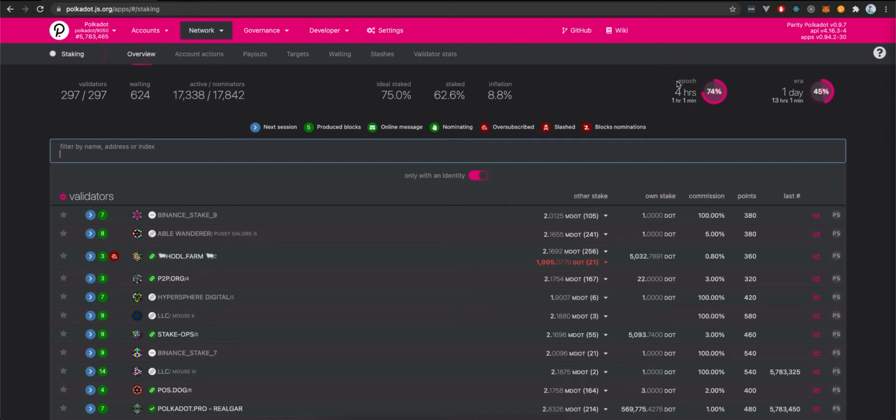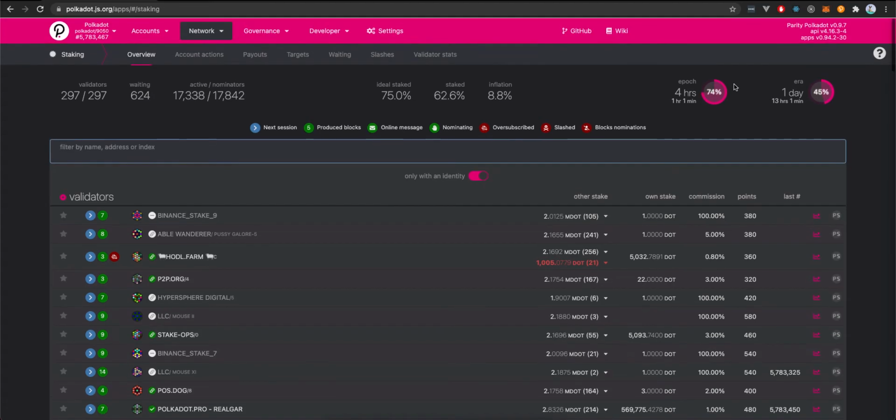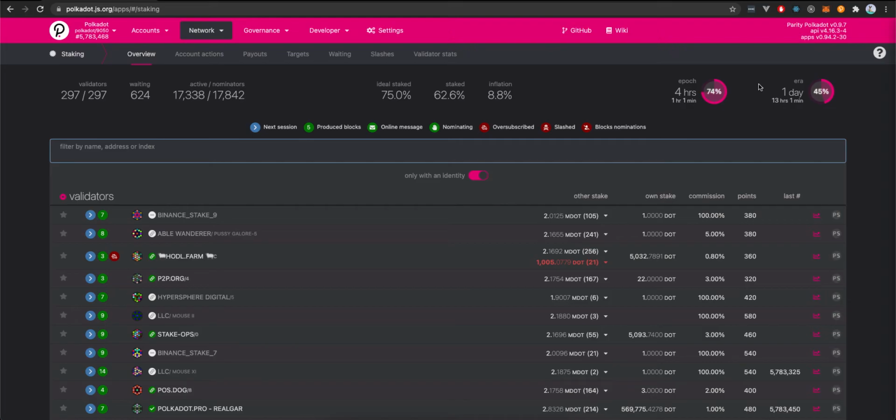The next thing is that you have epoch and era counters. The idea here is pretty simple. The era is basically 1 day, and this is the life cycle in the Polkadot environment. So if you stake some amount of DOT for validators, validators pay you what we can call dividends every single era, which means that every single day you're going to get some rewards.